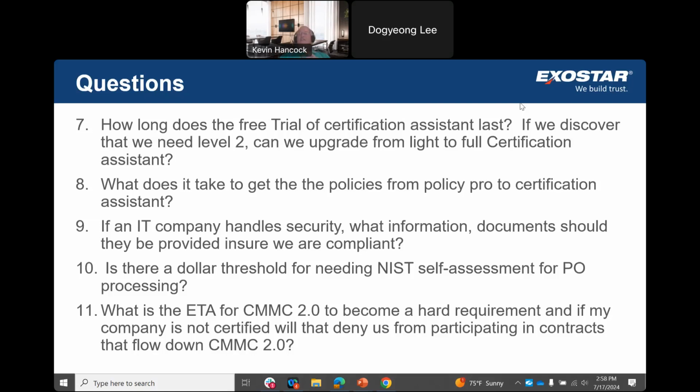It will then start to appear in DoD contracts as one of those DFARS clauses that you need to be CMMC level X, Y, or Z, or 1, 2, or 3 for this. So that's how it will work. And if you're bidding on a contract that says you have to be CMMC level 2, you'll have to be CMMC level 2 to fulfill and bid on that contract.